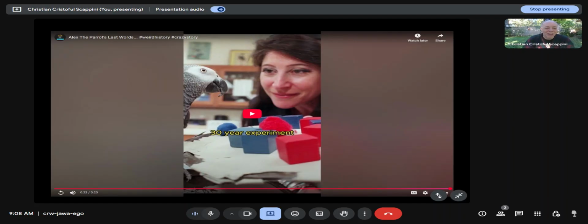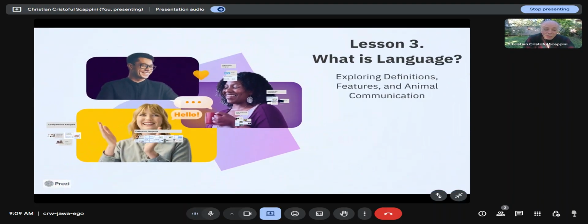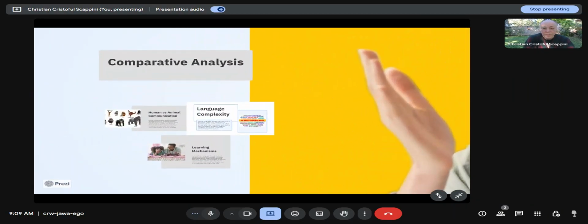That's why I wanted you to meet them, and all of them show how amazing they are, how intelligent they are, and how they can express themselves, not necessarily through symbolic sounds, but through many different forms. So animals do communicate, not just the way we human beings do.